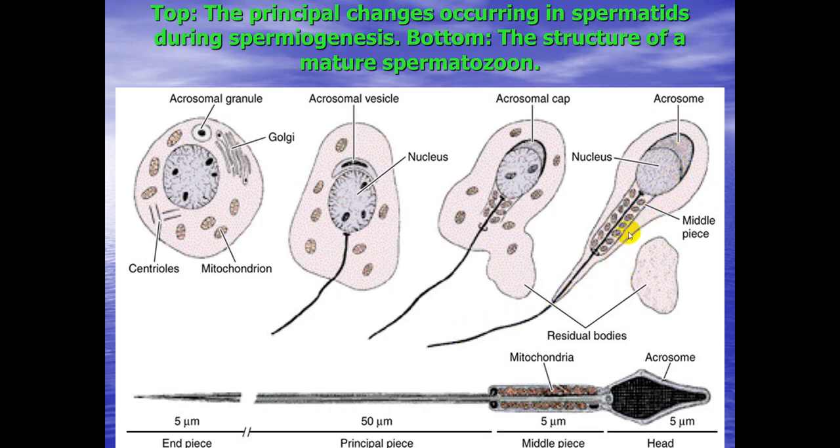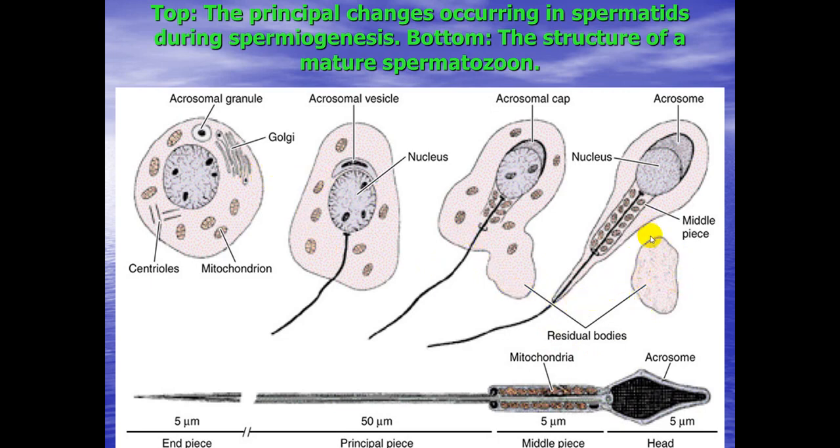But you see that the excess of cytoplasm of spermatids is not necessary for the sperm cell. That's why the excess of cytoplasm is expelled from the cell as residual bodies, and the cytoplasm of the Sertoli cell utilizes these residual bodies.